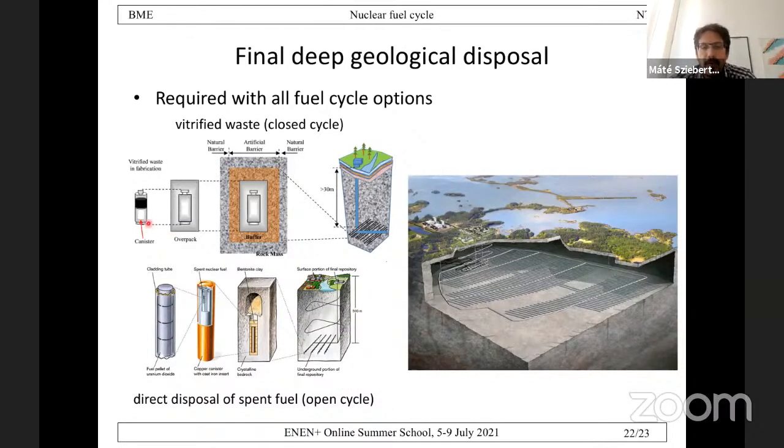In these final disposals, you have to design several engineering barriers around the actual waste form, and then finally natural barriers, like granite or other rock or clay, or a very stable geological formation, which can ensure the isolation from the biosphere for the long term, as required by the decay time of the waste.